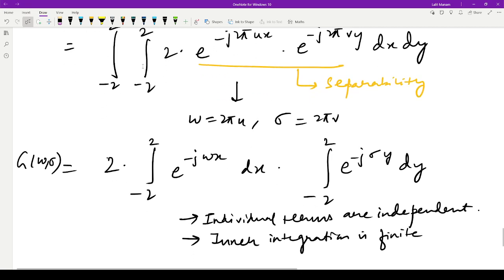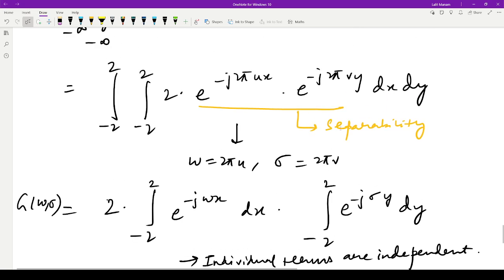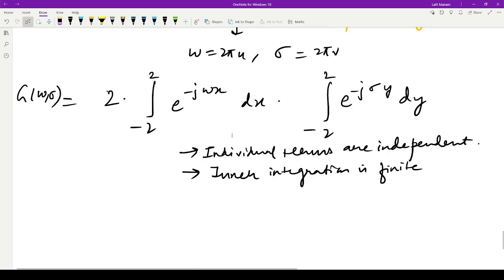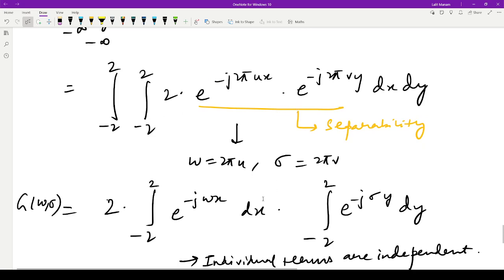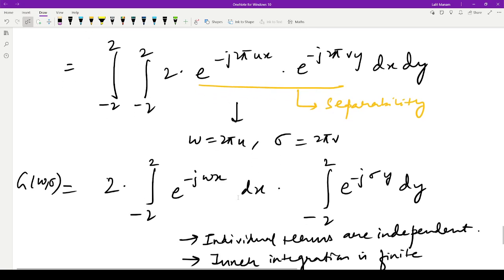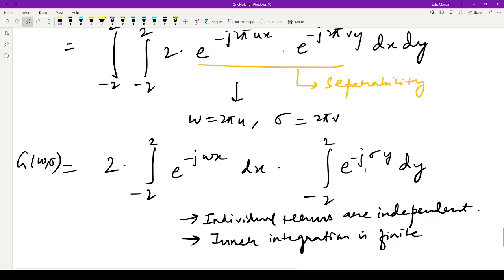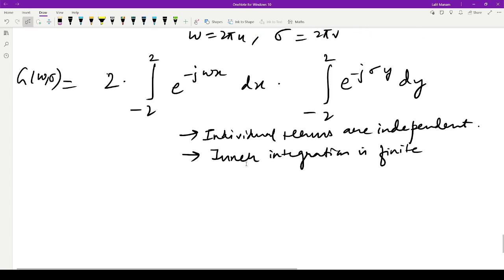So whether you do dx dy or dy dx, both are finite, and that's the reason you can easily separate them like this. If the integration is not finite, you cannot do this. People generally take this seriously when you go to a maths professor. Okay, so given this, what is the answer?